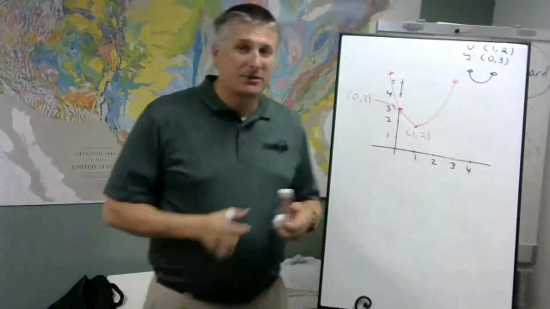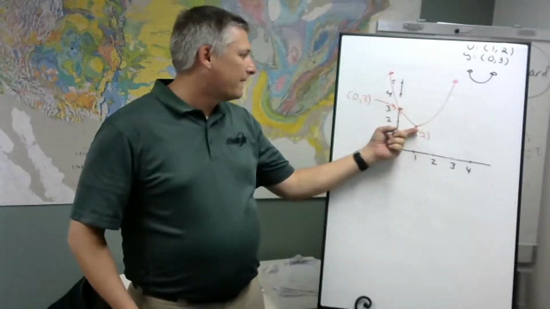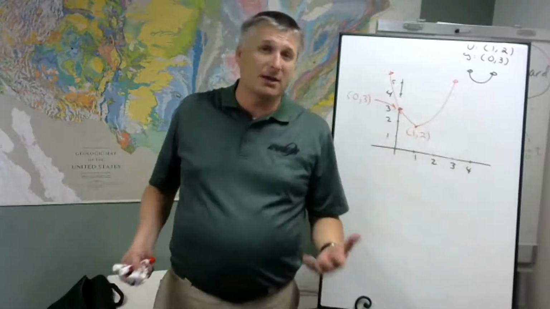And so that's just a rough sketch of our parabola. And notice, since it's pointing upward and we're starting here, it never crosses the x-axis. There are no x-intercepts we get the graph.